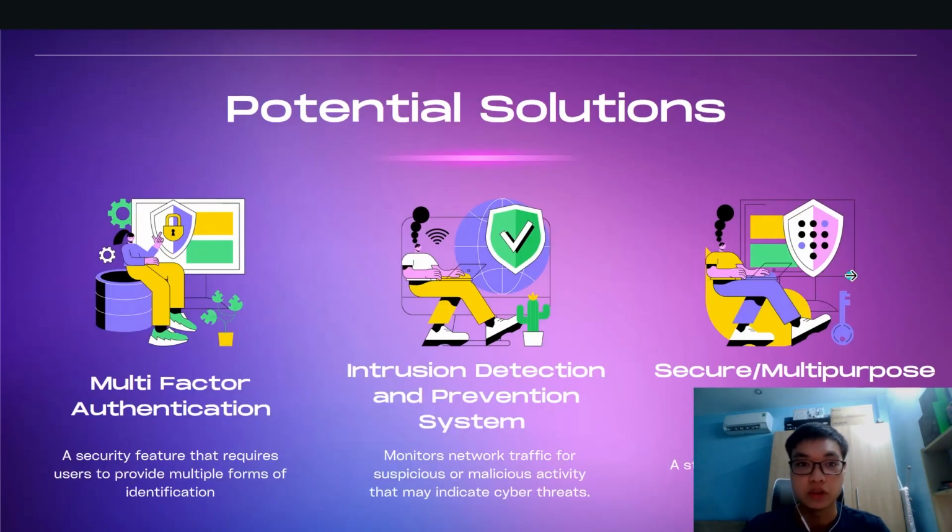Now we'll move on to the potential solutions. I was able to identify 3 potential solutions for this problem. The first is multi-factor authentication, which is a security feature that requires users to provide multiple forms of identification.